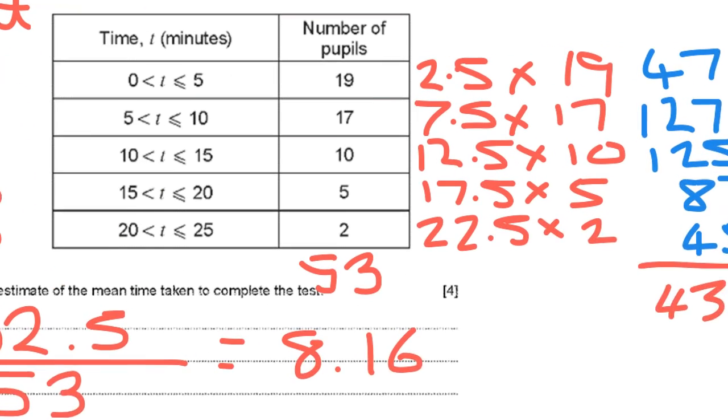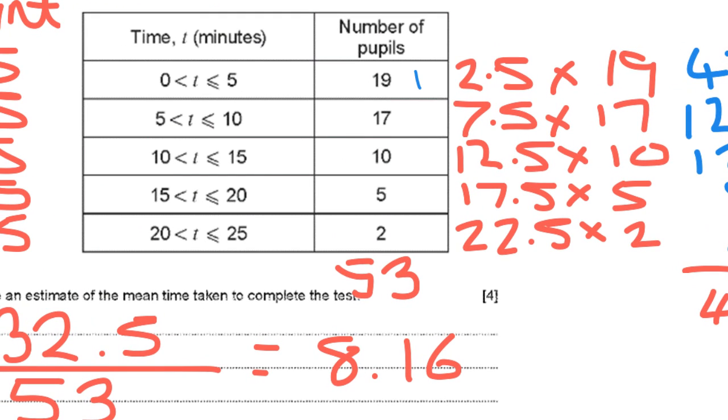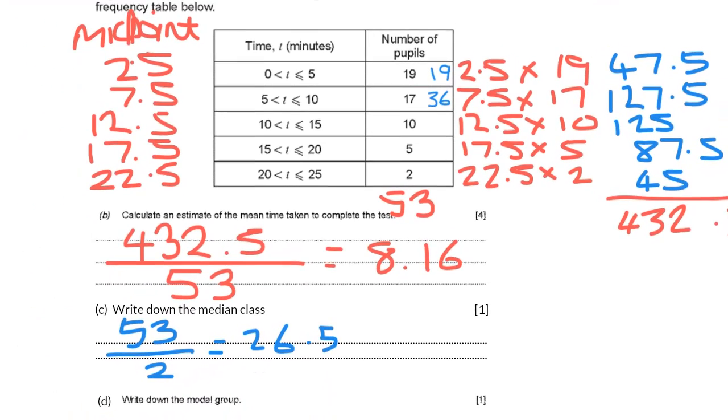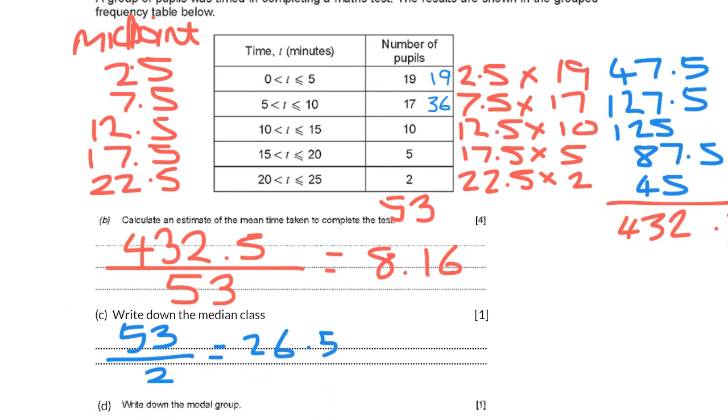So I started off with 19 in my first group. Have I reached 26.5 yet? No, I've not. Then I add on 17. So that will give me 36. Have I reached the 26.5th pupil yet? I have. So therefore, the median class is 5 less than t less than or equal to 10.